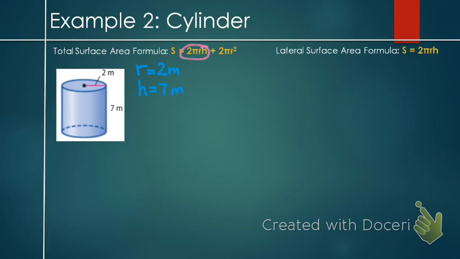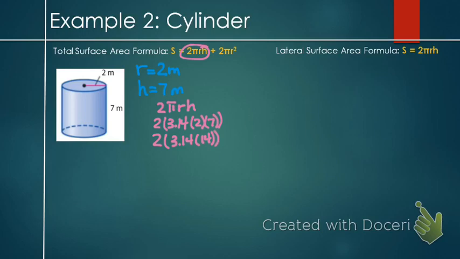Now we have 2 times pi times our radius times our height. I'm going to plug in my numbers, times our radius of 2 times my height of 7. I'm going to clean it up. So I still have my 3.14. 2 times 7, we get 14.